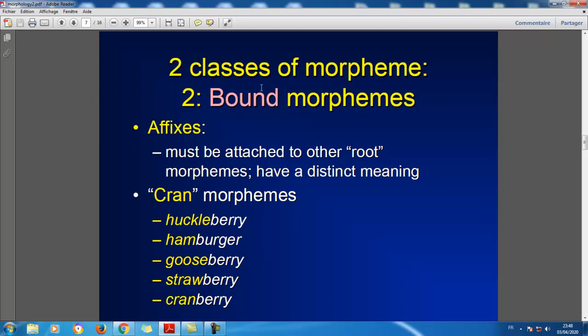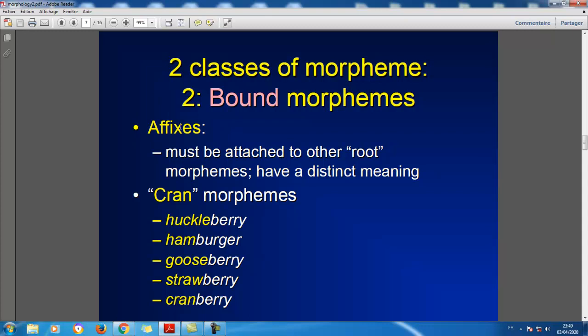Now, you still remember we talked about free morphemes, and we said that free morphemes can be used alone as opposed to bound morphemes. And here we're going to have a look at examples of bound morphemes. First, we can talk about affixes. Affixes, it means that general category which includes smaller subsets or smaller categories included in it.